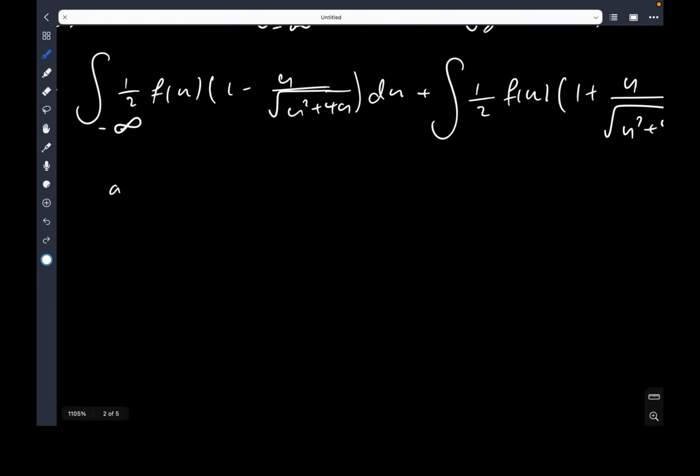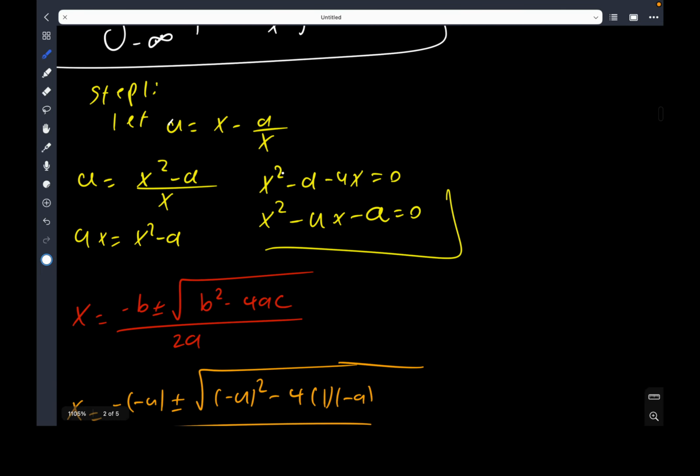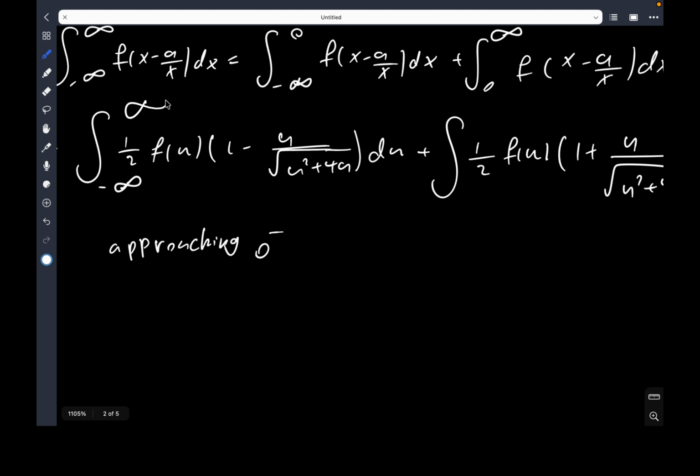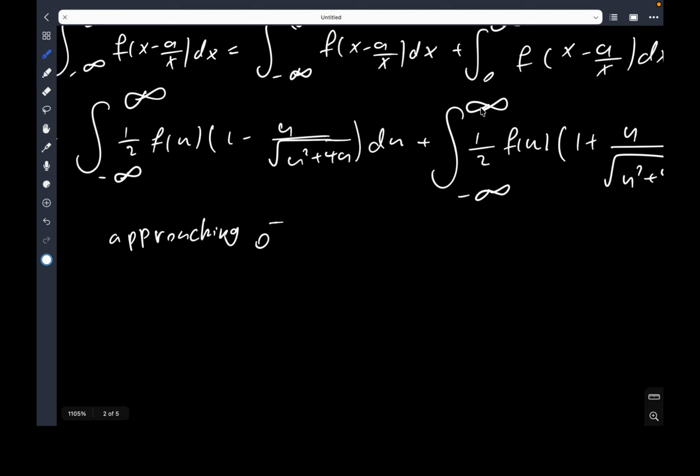So we are approaching 0 from below. This whole term here is going to become infinity. So here I'm going to put my bounds infinity, and if we apply the same logic and behavior approach, you're going to get also negative infinity to infinity for this one here.